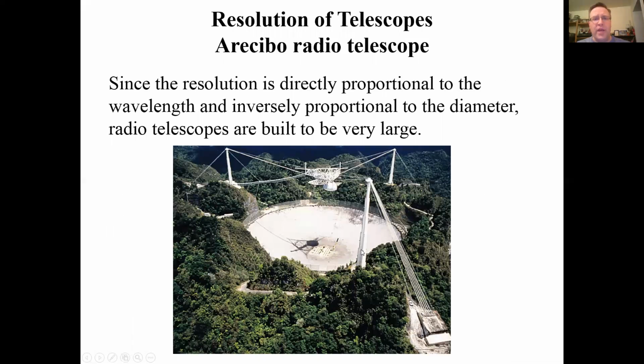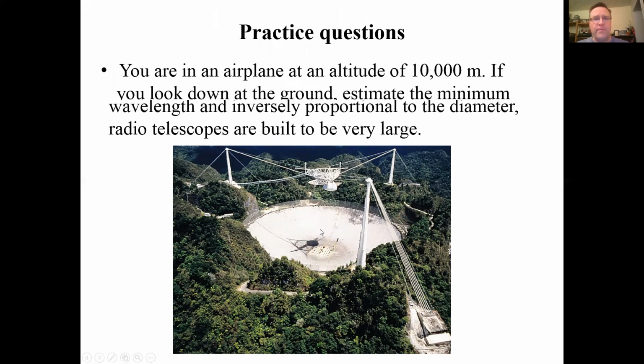This is what the Arecibo radio telescope looks like. Anybody who's seen a James Bond film will have observed James wandering through here. This was one of the evil lairs, which turns out to be a scientific facility. But they're very large because radio waves are quite long, and you need a very large dish to focus those rays and get a good resolved image.